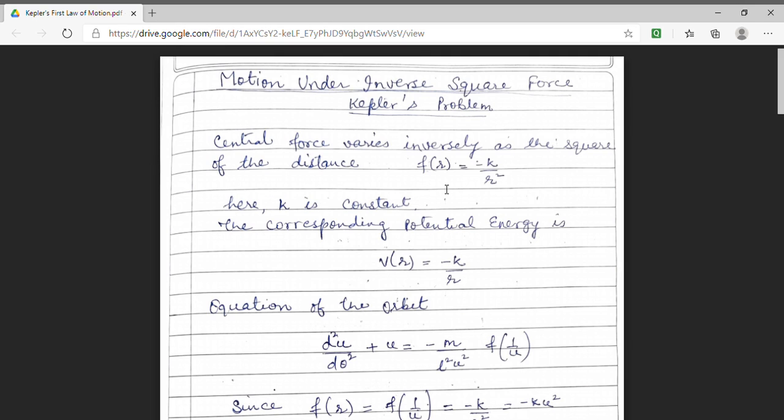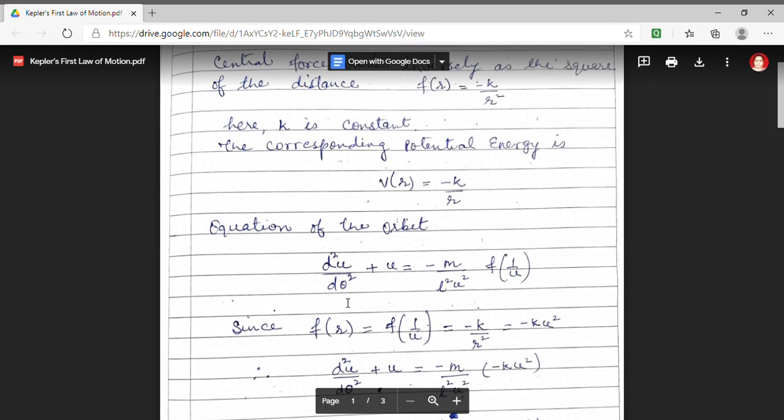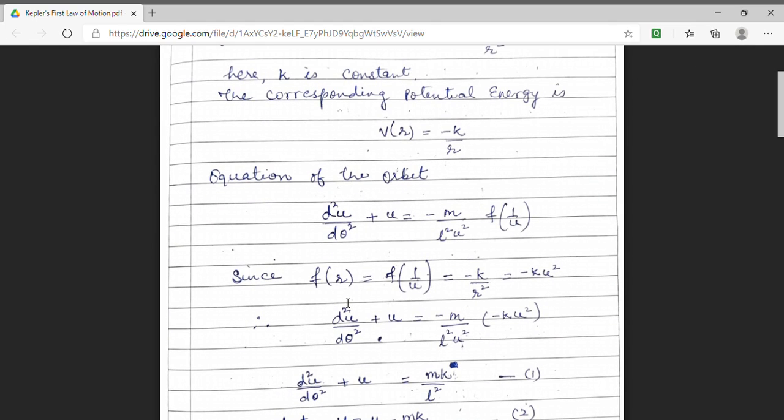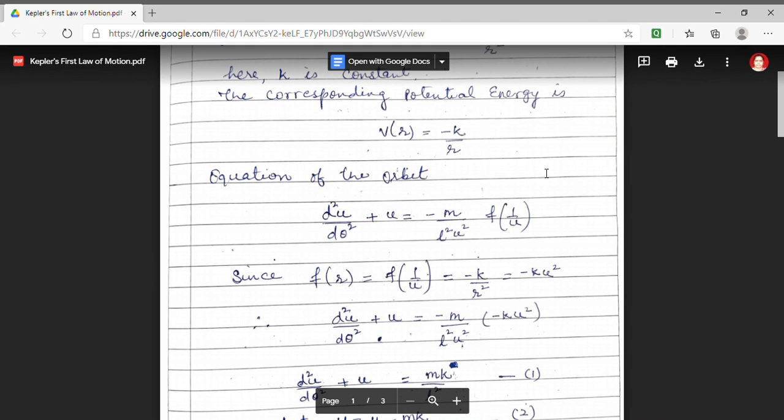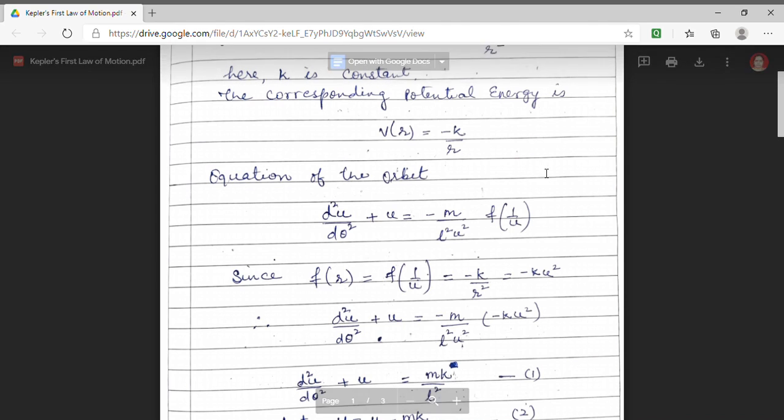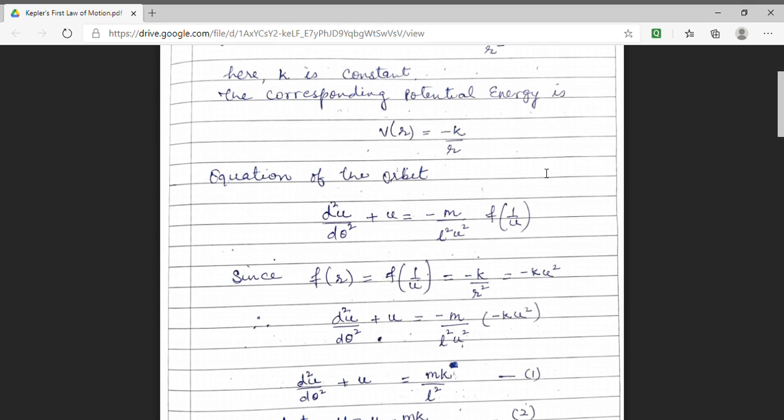In our previous lectures, we have derived the equation of orbit. The well-known equation of orbit is d2u upon d theta square plus u equals minus m upon L square u square multiplied by force, which is a function of 1 by u.